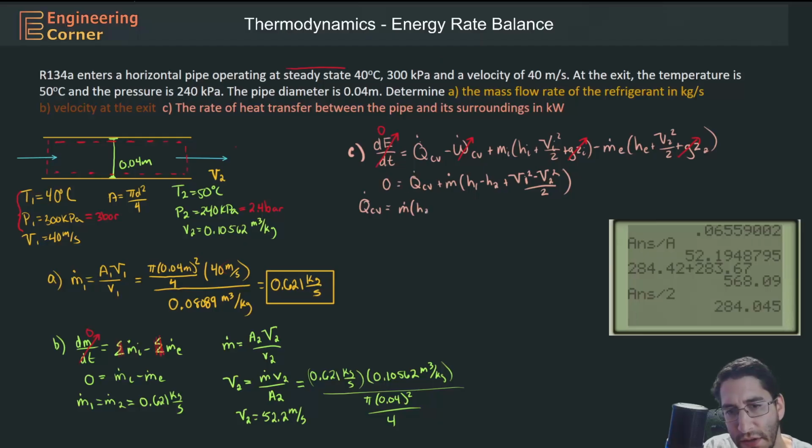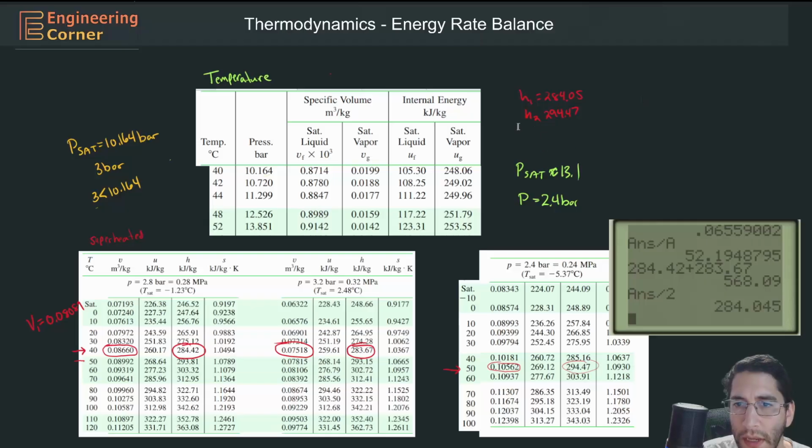So I'm going to have h2 minus h1 plus (V2 squared minus V1 squared) over 2. We know my mass flow rate is 0.621 kilograms per second. We know h2, we just found that; I didn't write it down, but h2 is this 294.47.